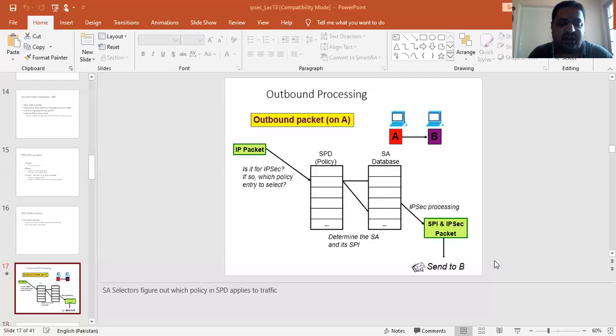So in this way, we are defining different policies for different packets in the data.